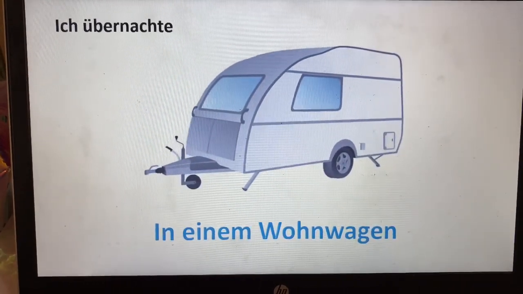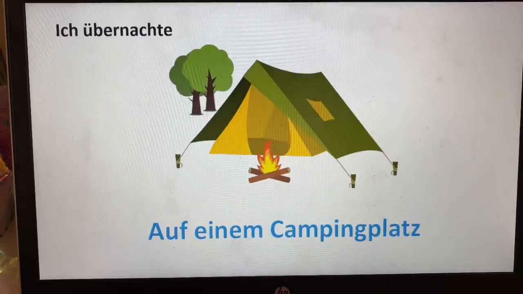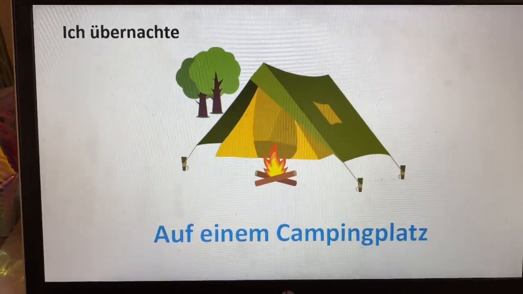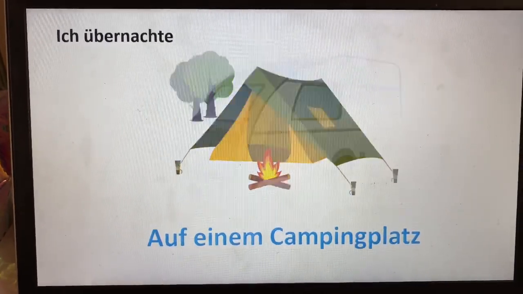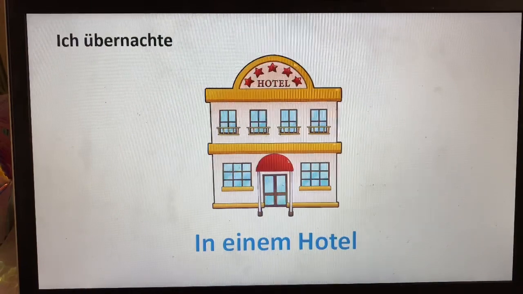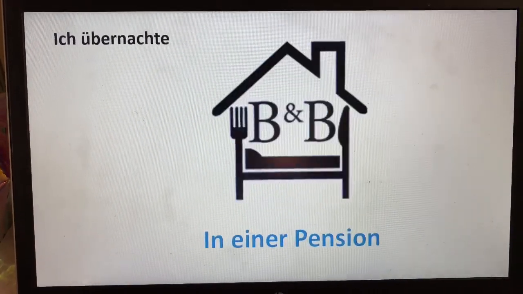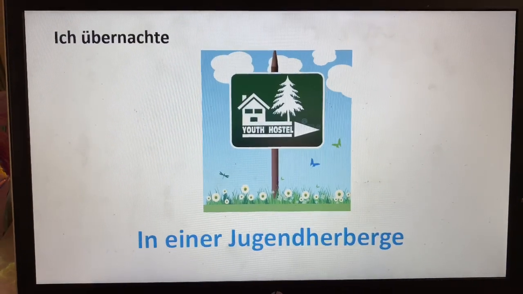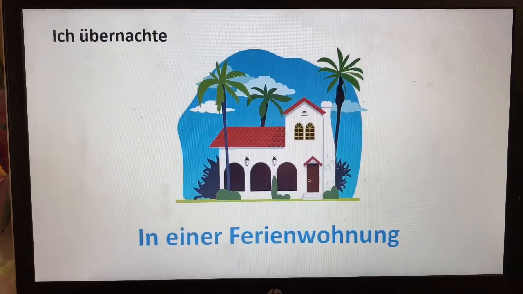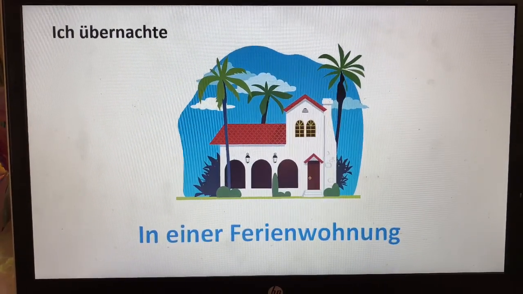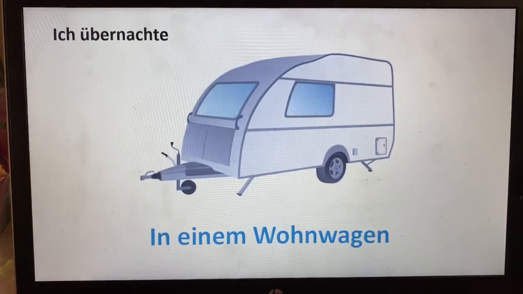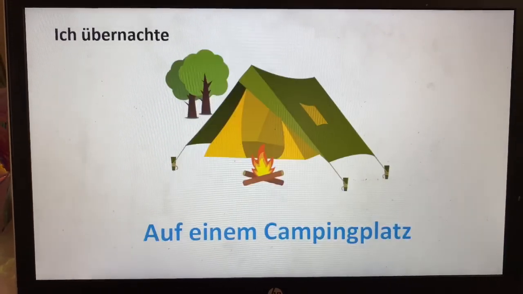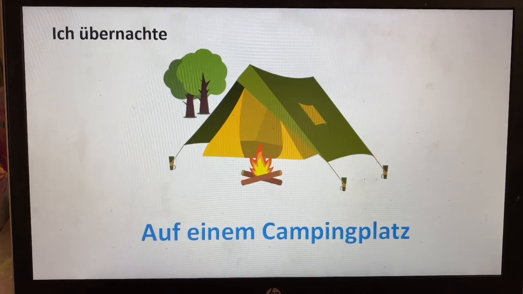In einem Wohnwagen, auf einem Campingplatz, on a campsite. So let's go back over them again. In einem Hotel, in einer Pension, in einer Jugendherberge, in einer Ferienwohnung, in einem Wohnwagen, auf einem Campingplatz.